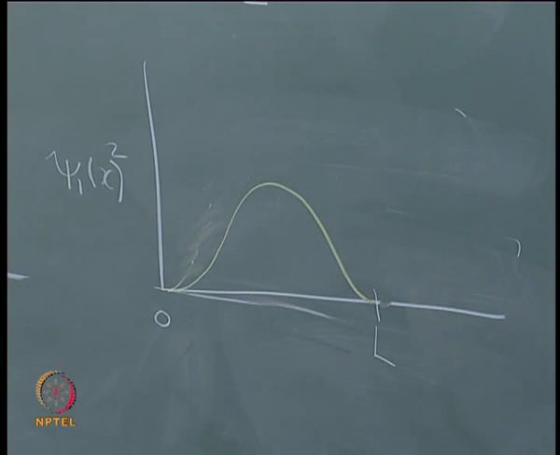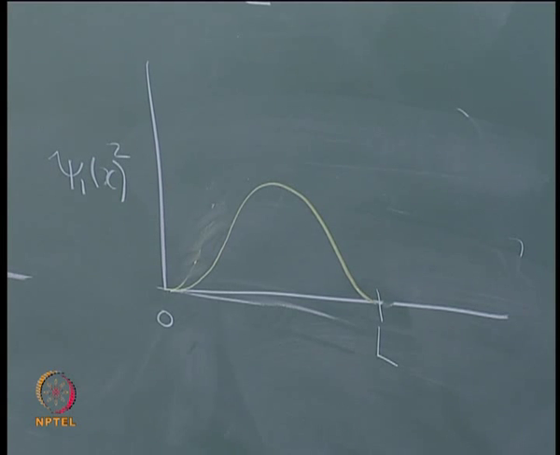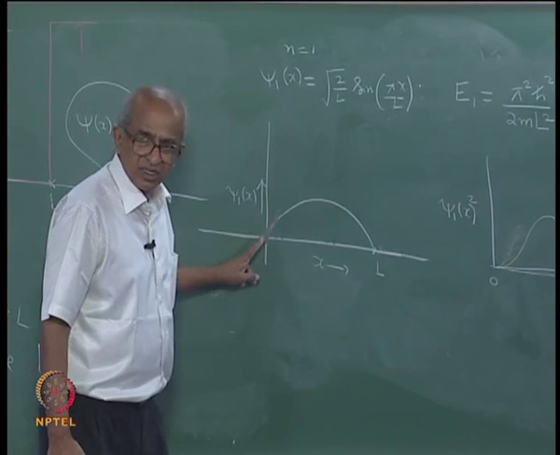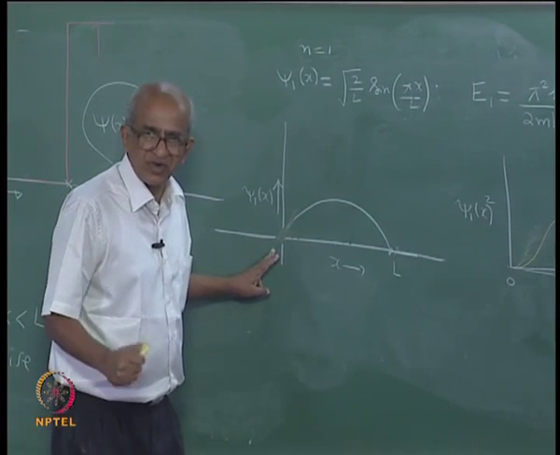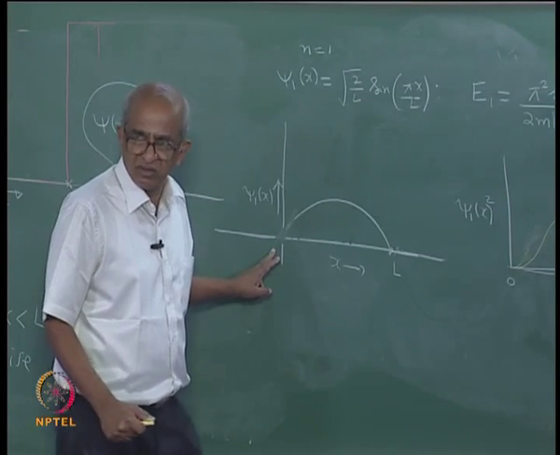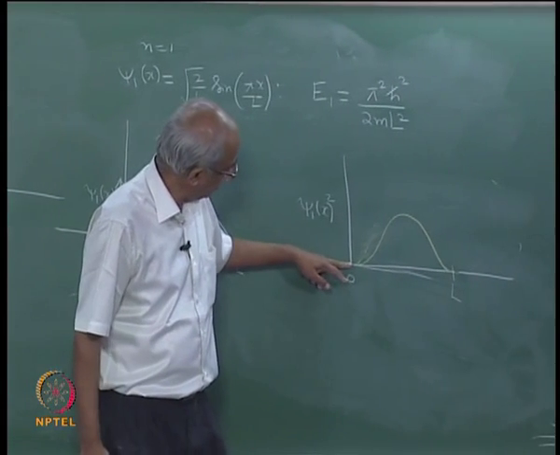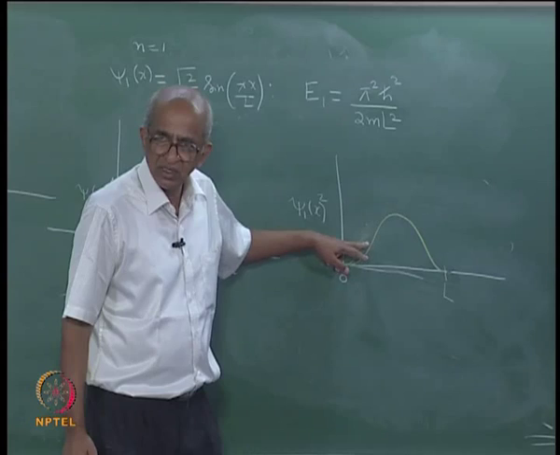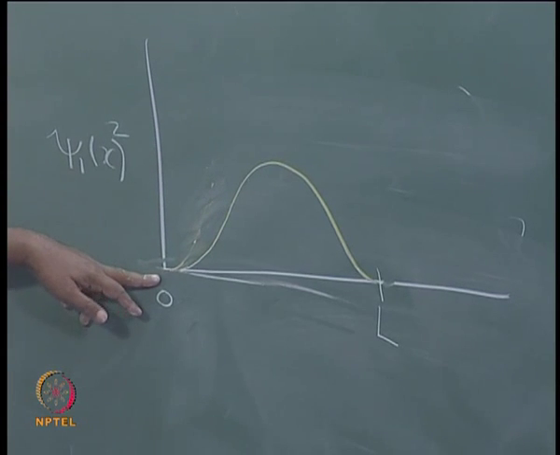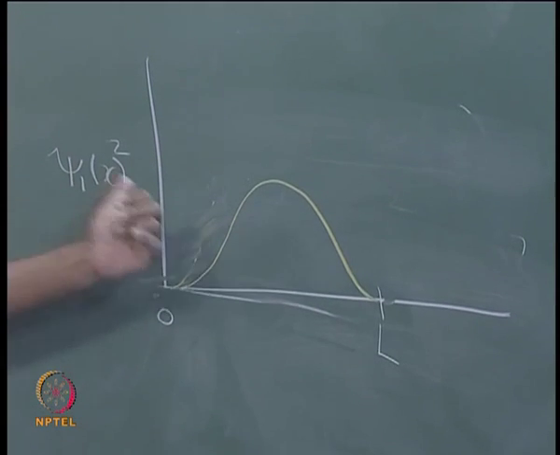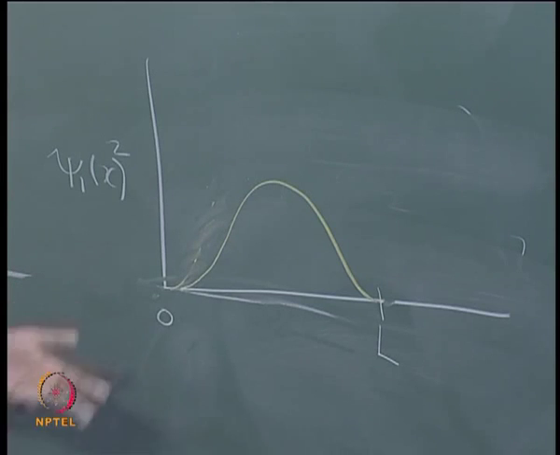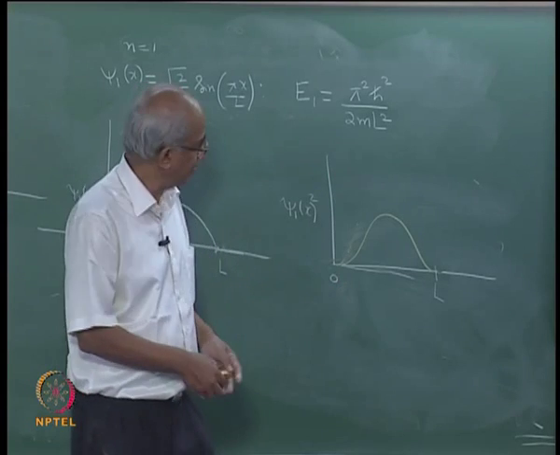What is the difference? The difference between this plot and that plot is, if you look at the slope of this curve at x equal to 0, the slope is finite, non-zero, while the way I have drawn here, this slope has the value 0. That is the difference between the two plots. Otherwise, they look the same.